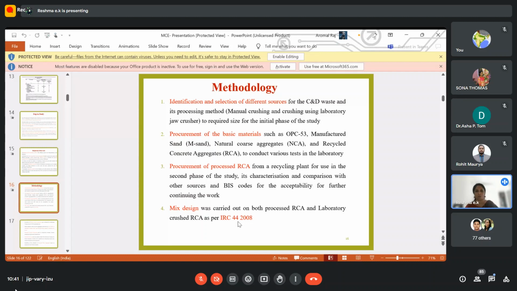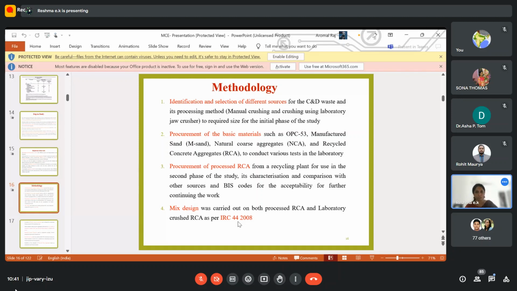In the first 6 months, or in between when you're doing the work, you can go through the code books available, because IRC 121 was new to me, maybe because I was not into cement concrete pavements much.